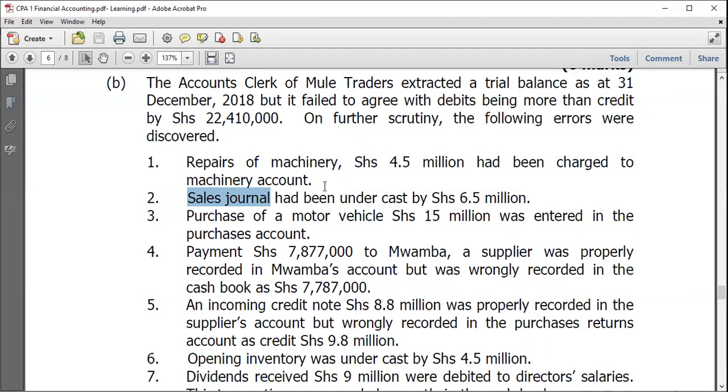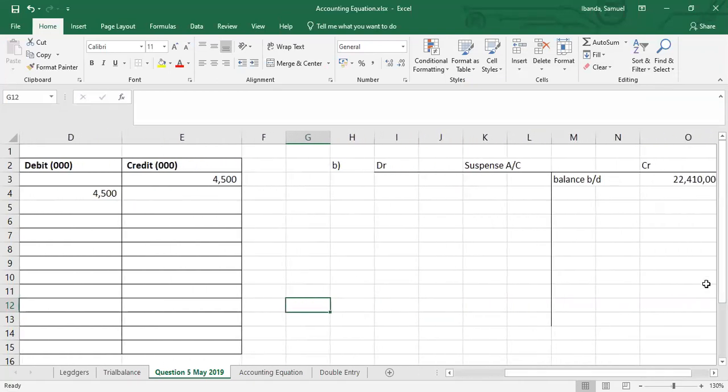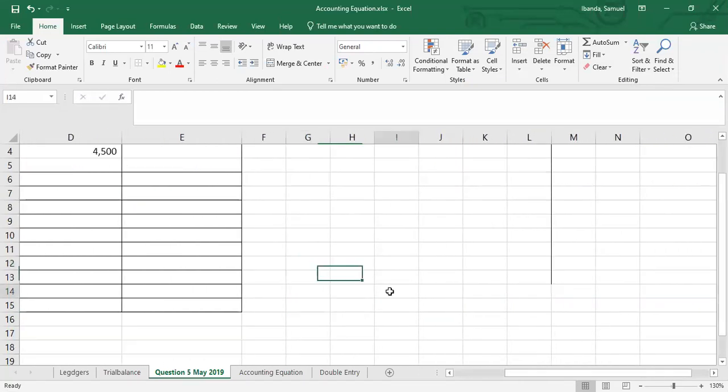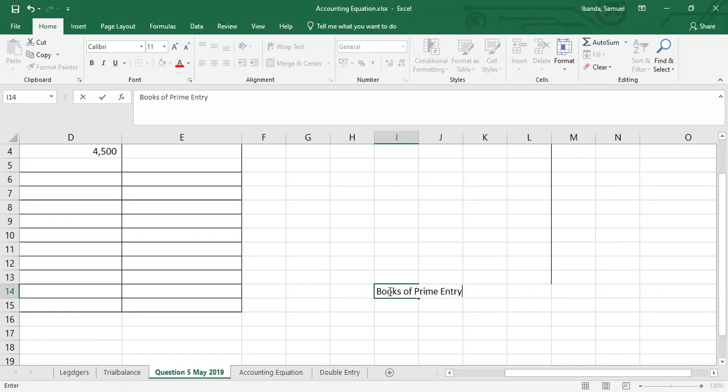The sales journal had been undercast by 6.5. If you remember very well our accounting process, we said that you move from books of prime entry. Under books of prime entry, this is where you have the journals.